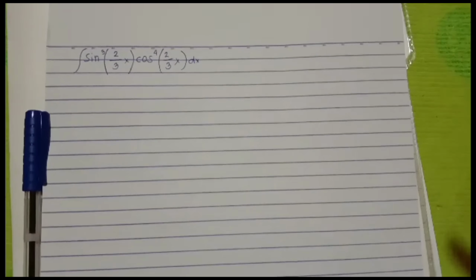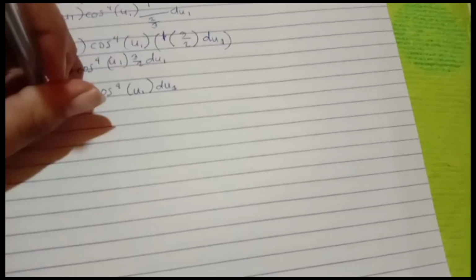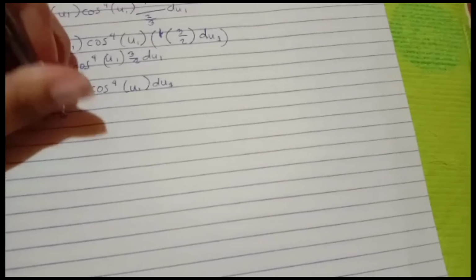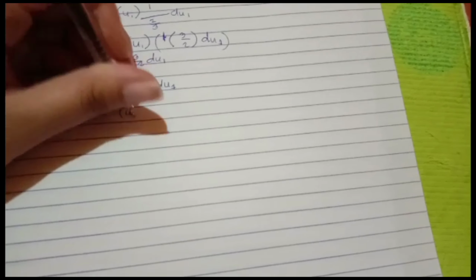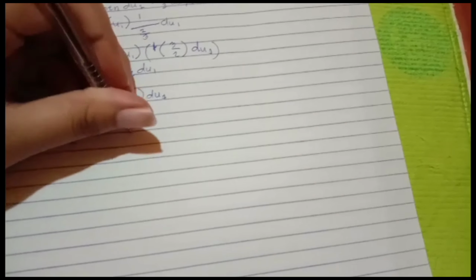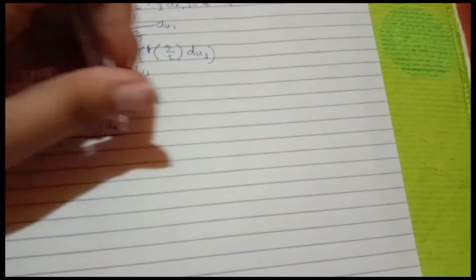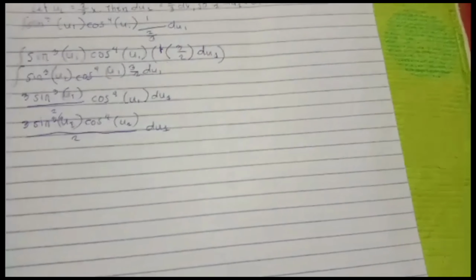Combine the 3 sine cubed u1 over 2 and cosine to the 4th power, so 3 sine cubed u1 cosine to the 4th power u1 over 2 du1.